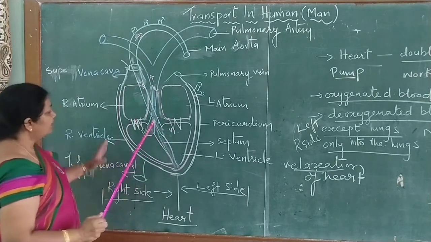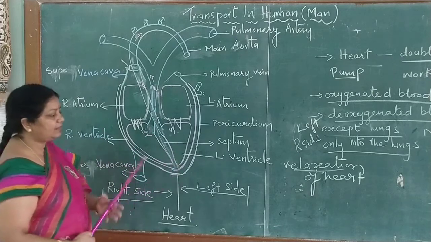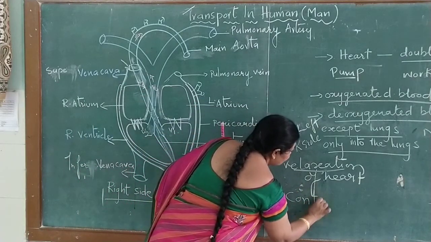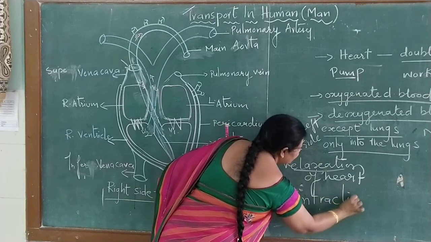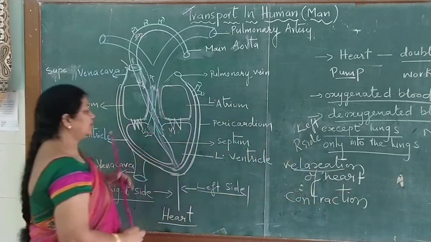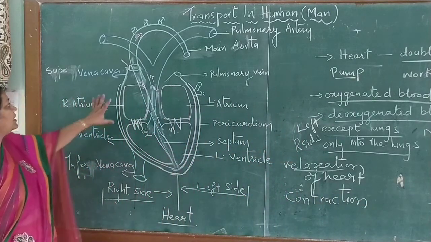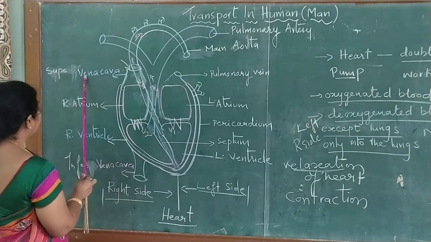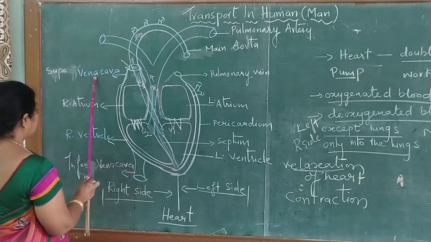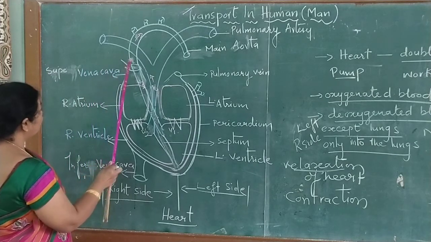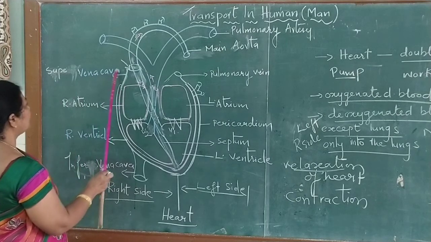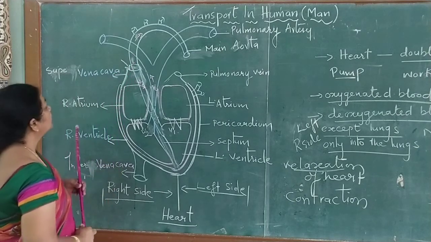At the same time, the next thing is that contraction takes place. When contraction takes place, on the right side, all the blood which is collected from all the parts, the superior vena cava throws the blood into the main vein.